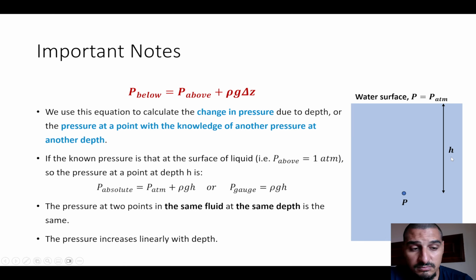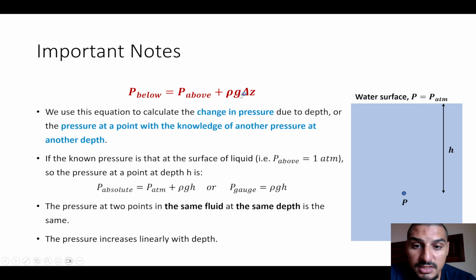Okay, this is the absolute pressure. If it's the gauge pressure, it's going to be rho gh only. Okay, so this is a common case that we deal with a lot, to calculate the pressure in a fluid whose surface is exposed to the atmospheric pressure.